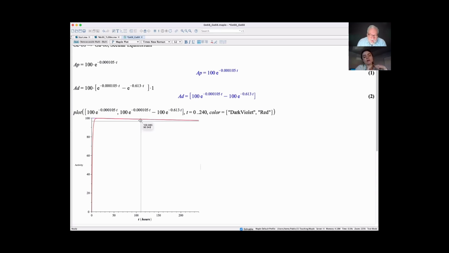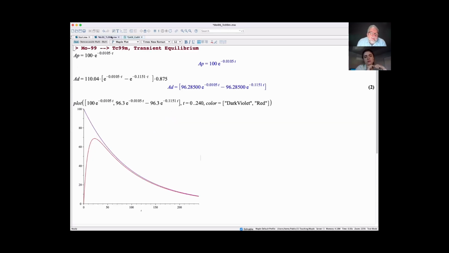And of course, we also see that same thing with technetium-99. What's predicted here is that these two are related by a constant. It's obviously not 1, but the amount of technetium is a little less than the graph would predict.